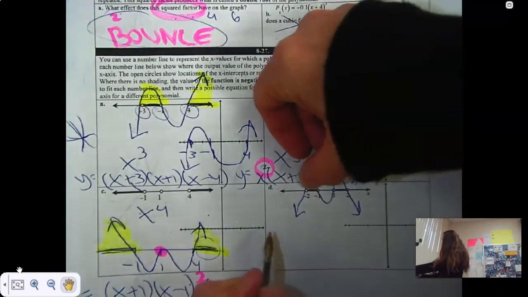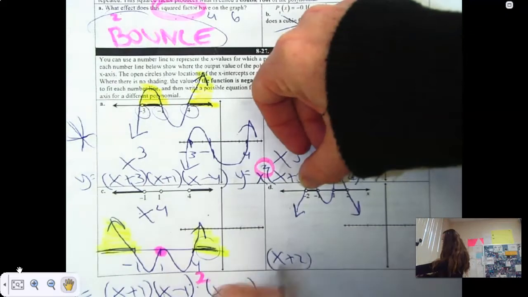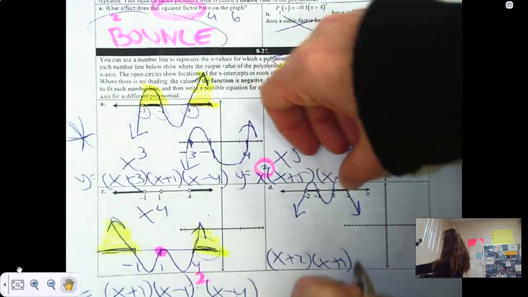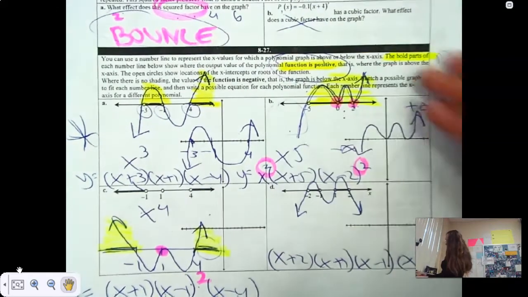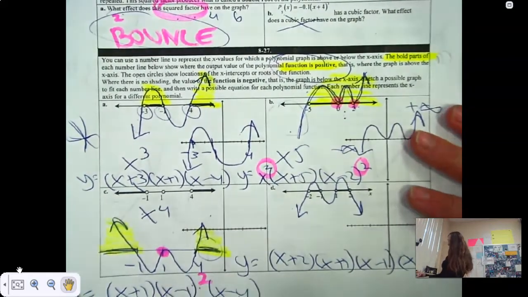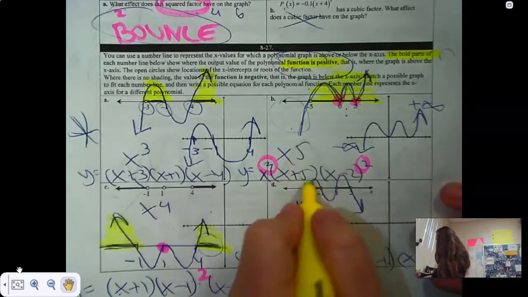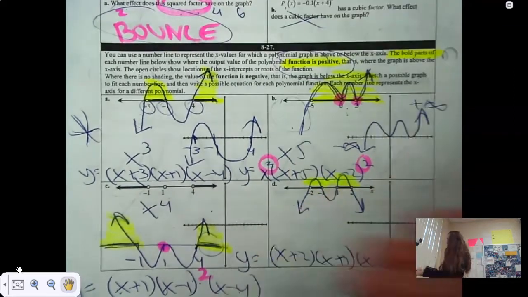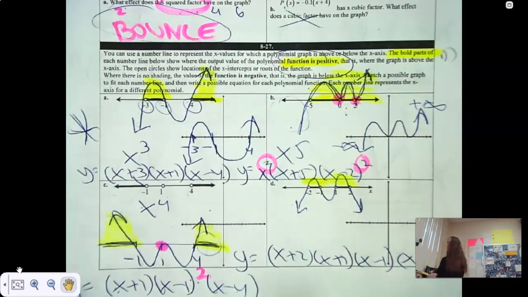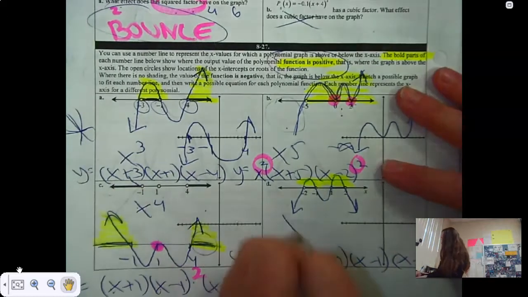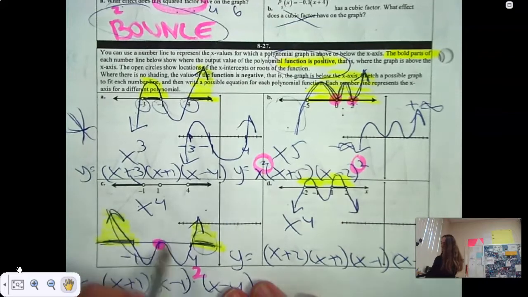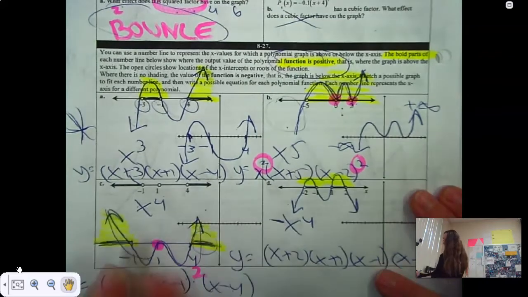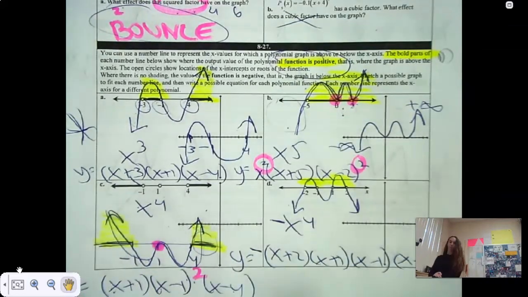So that means, and there was no bounce, so x plus 2, x plus 1, x minus 1, x minus 2. Y equals. And let me show, this is where it's positive here, and this is where it's positive here above the line. Everywhere else it's lower. But this is actually wrong, because if this was x to the 4th, x to the 4th looks like this. So that means that's negative, and that's negative.